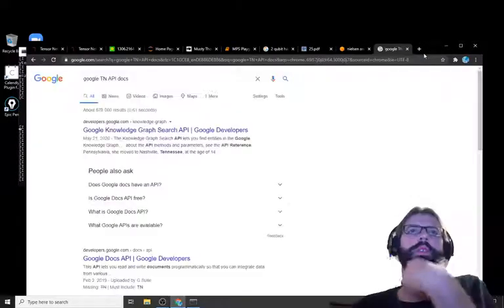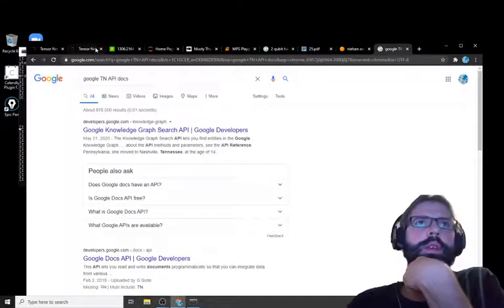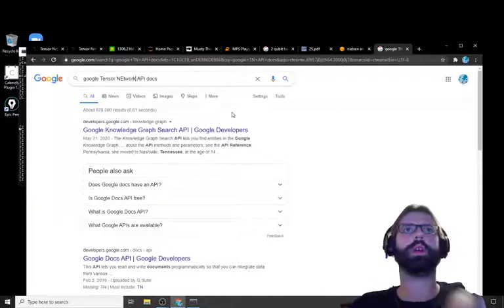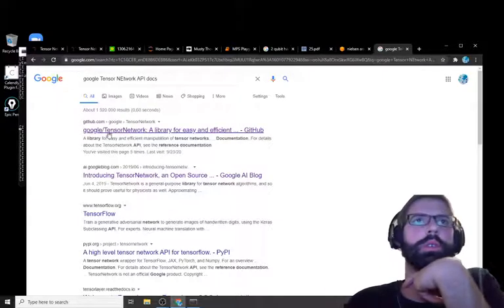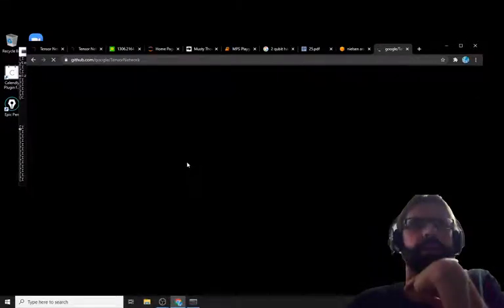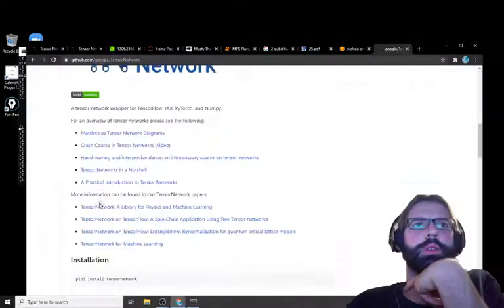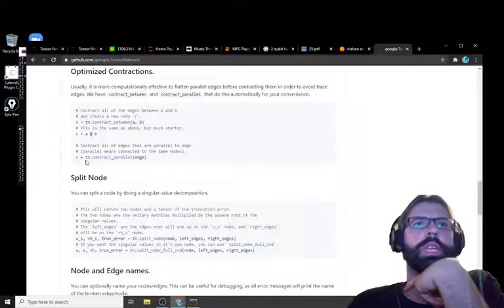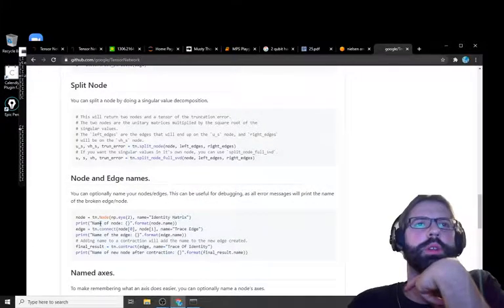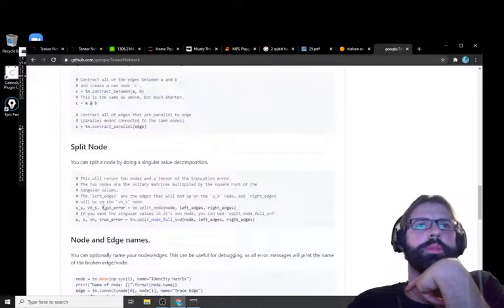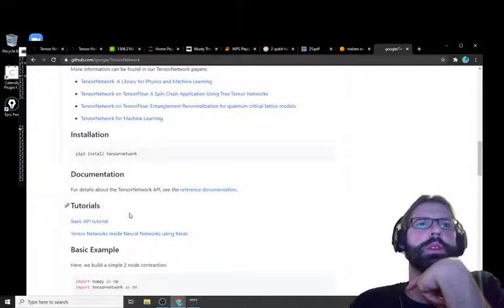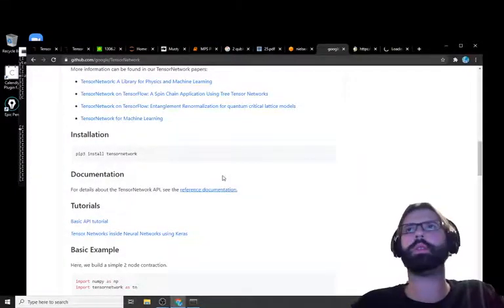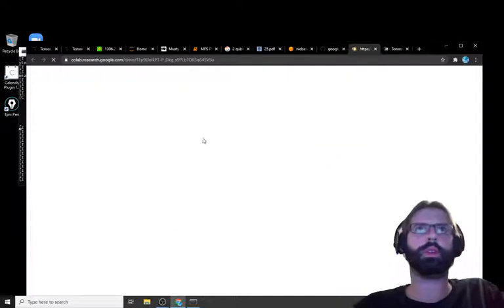API docs. So how do I get the tensor network? How do I get the actual tensor? TN, probably I have to TN connect. What's the basic, no, I don't want the reference.